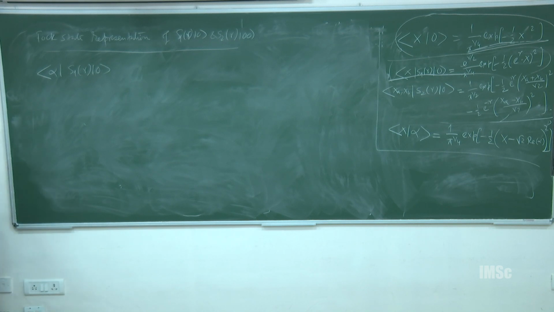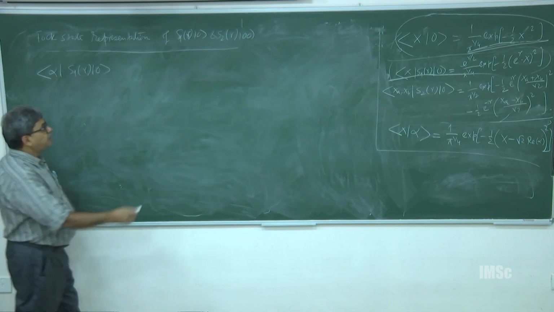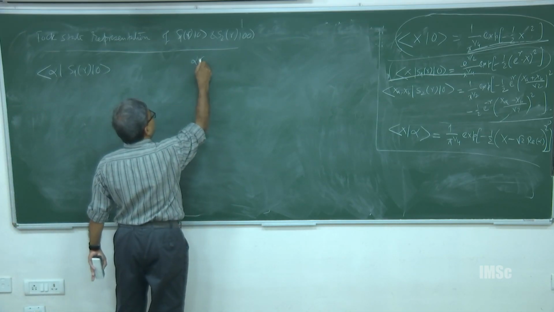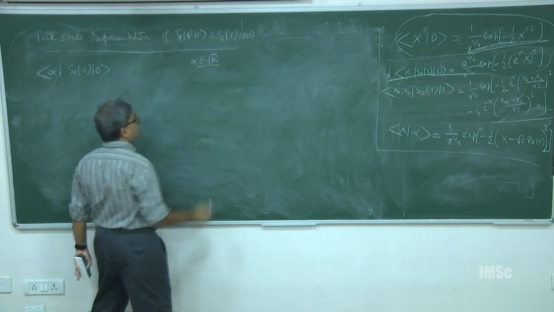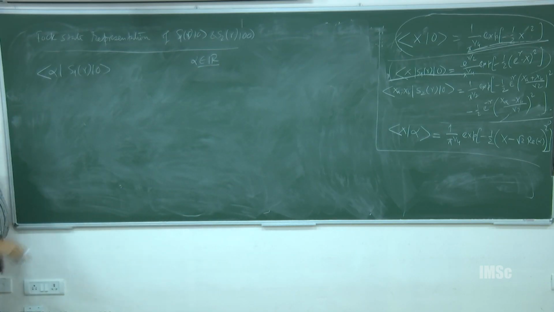So this is what we want, and for my case I take alpha to be real. I could have taken it to be complex, but every time then I will have to write the real part of alpha. So I take alpha to be real, so this is a coherent state where alpha is real.